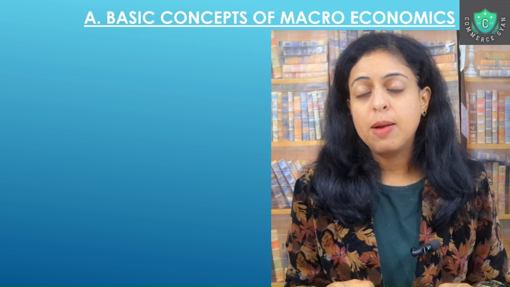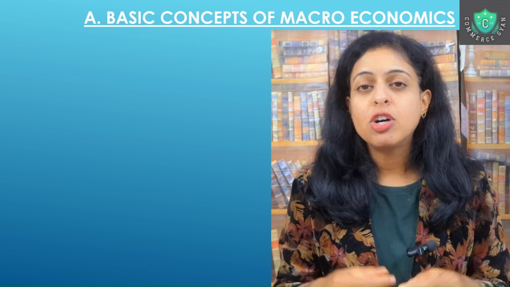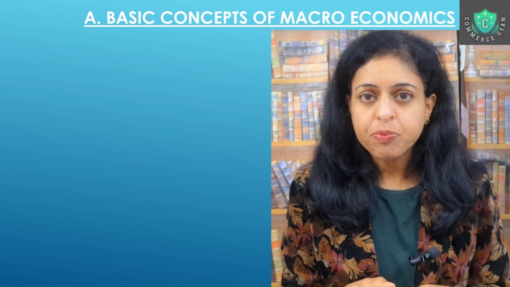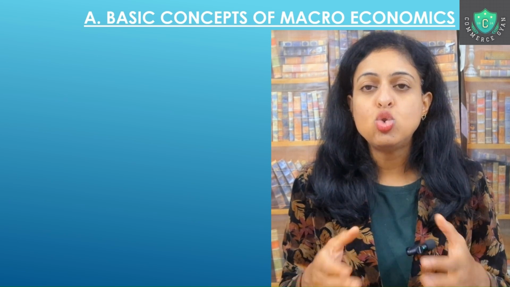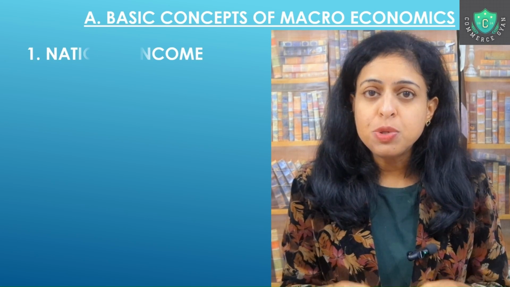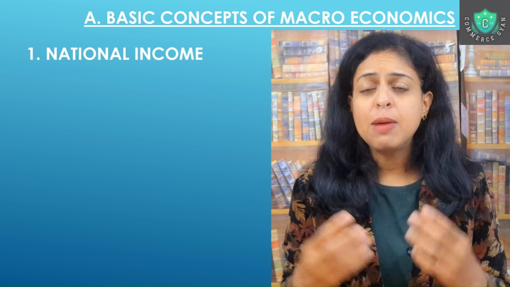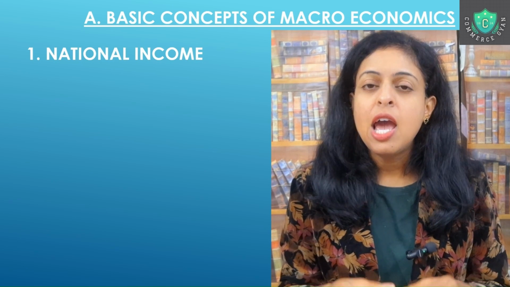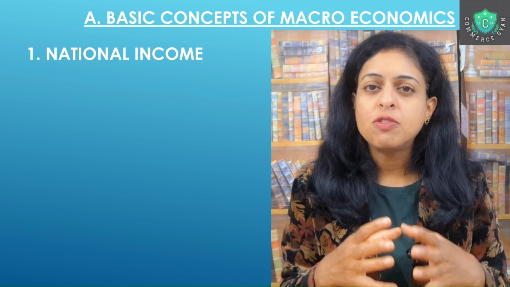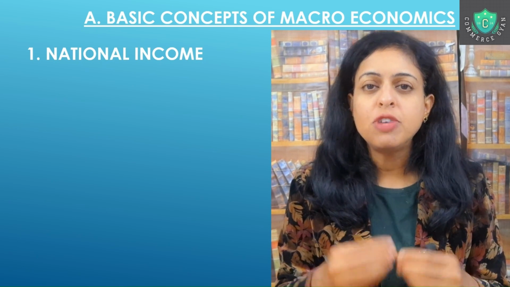Now, let's move forward and understand the different concepts which are connected to macroeconomics. The first concept is national income. Now, what is this national income? Suppose we are talking of, let's say, India. India has a huge population. Many people are working, and each person has some amount of income.